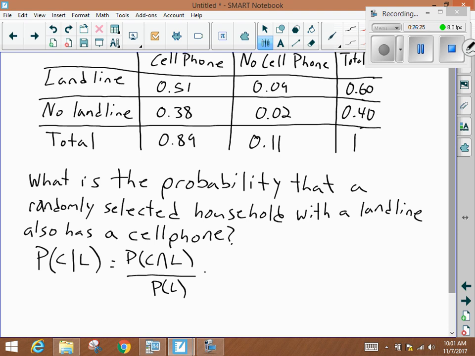All right, so what is the probability that they have a landline and a cell phone? That's this one right here, right? And this is more commonly how you'd be given this question. And then the probability that they have a landline.